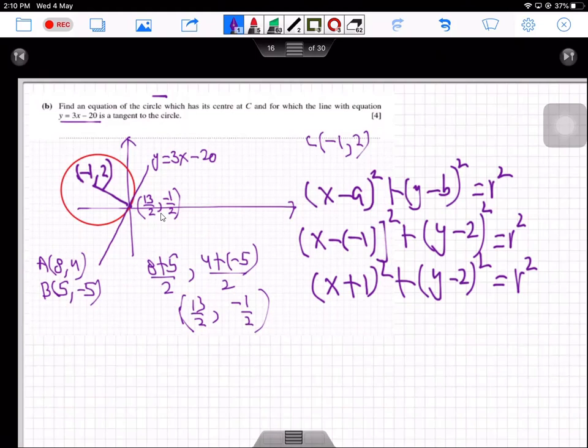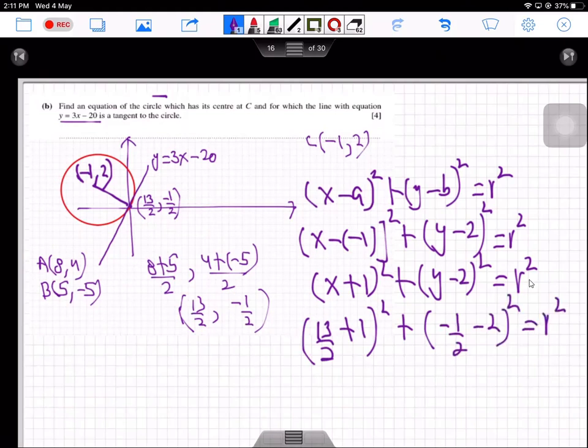Since this coordinate satisfies the equation of the circle, you will get the value of r square. So 13 over 2 plus 1 whole squared plus minus half minus 2 whole squared, and this will give you the value of r square.